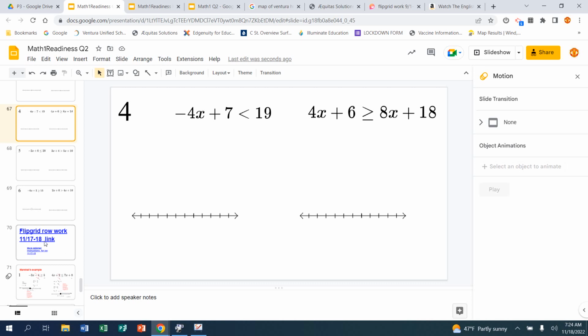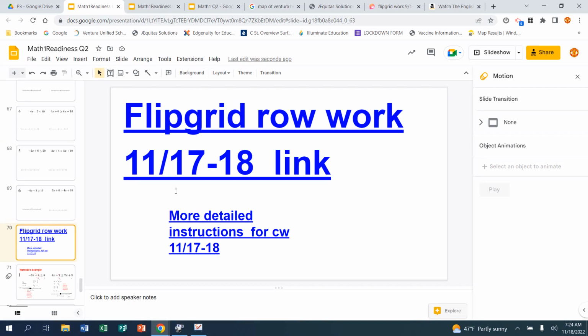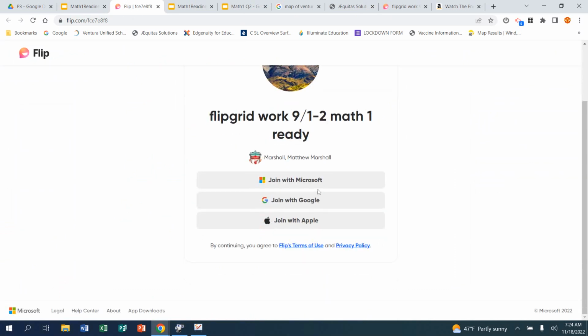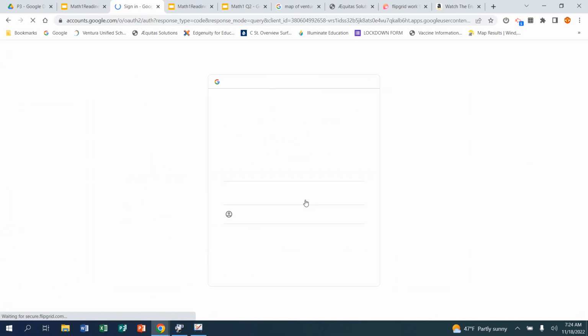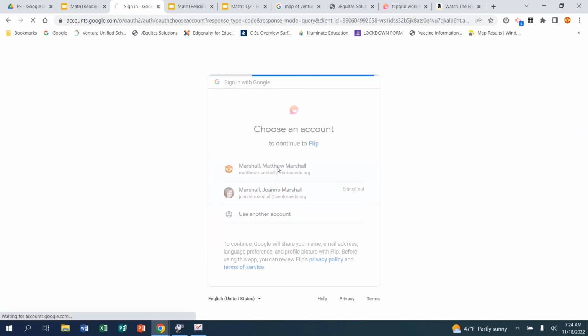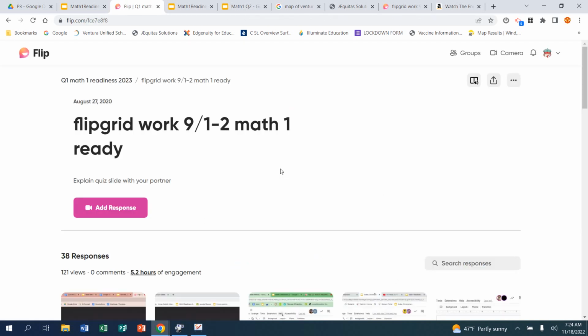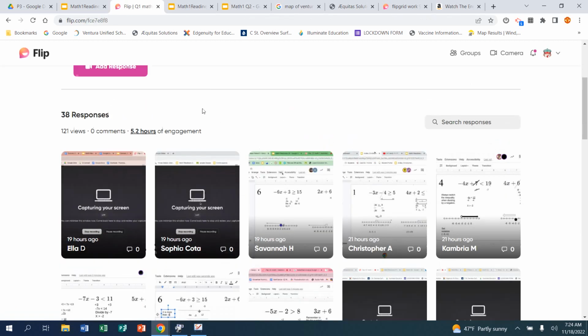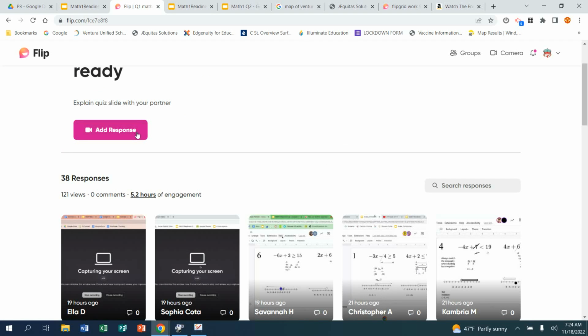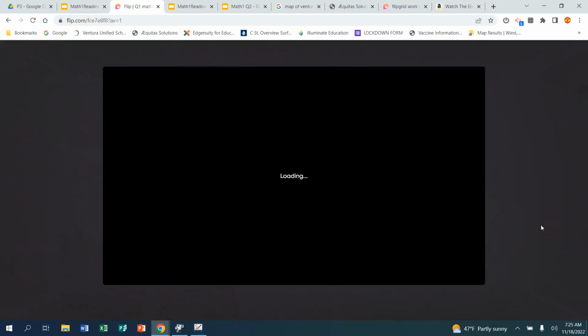So click on the Flipgrid link on the Google Slides. You're going to have to log in if you haven't logged in with Google. All right, and then you're going to go to add response. Get good at this. You're going to practice.